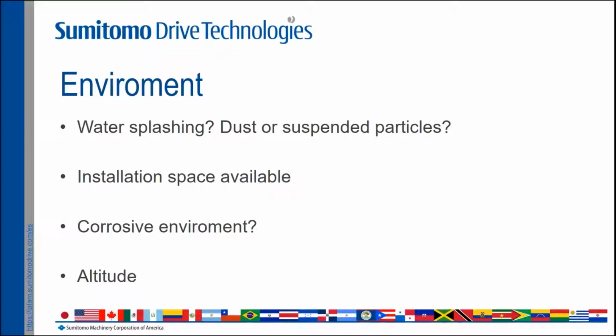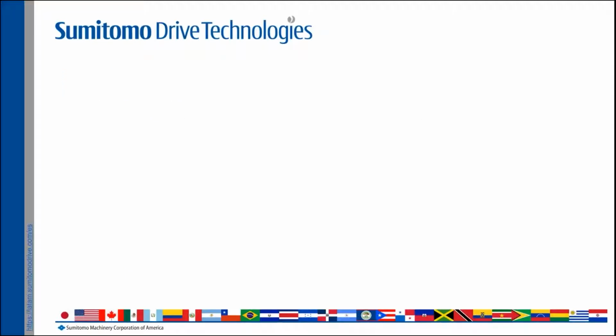If it is a corrosive environment, for example, basically on the coast, there's a lot of salt in the air, so this can be corrosive for some kind of electronics. And also the altitude. The altitude has a great impact on the drives. And I will show you some examples.